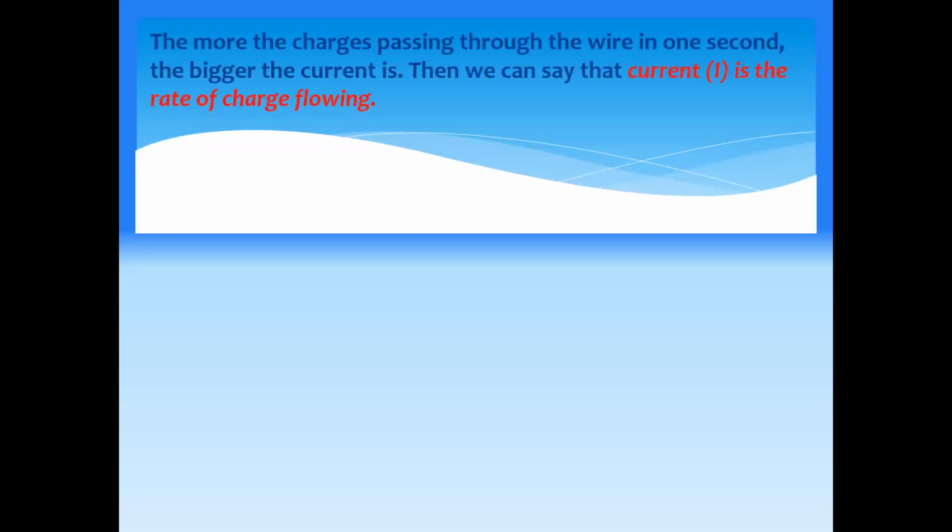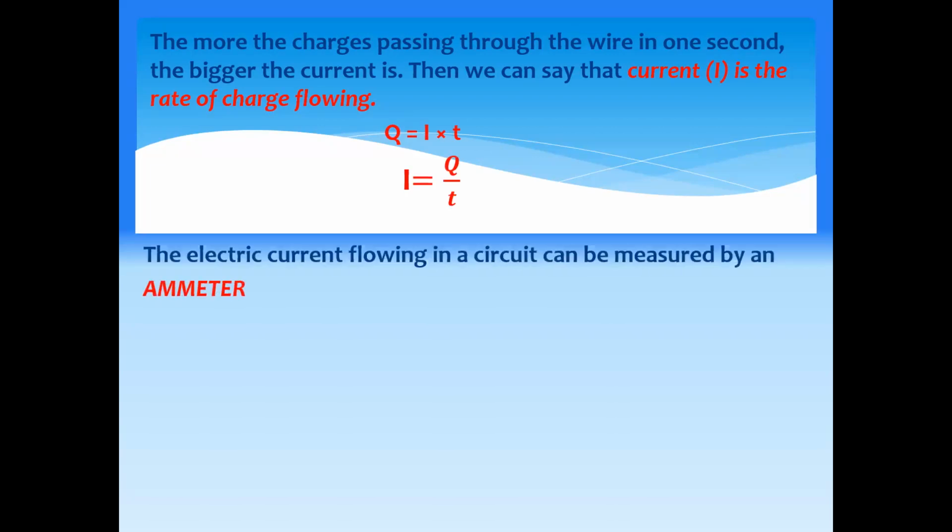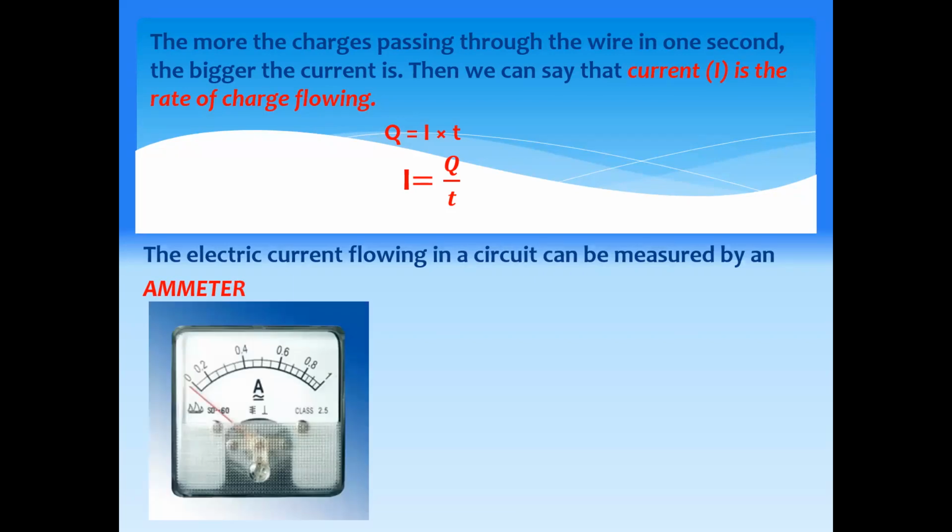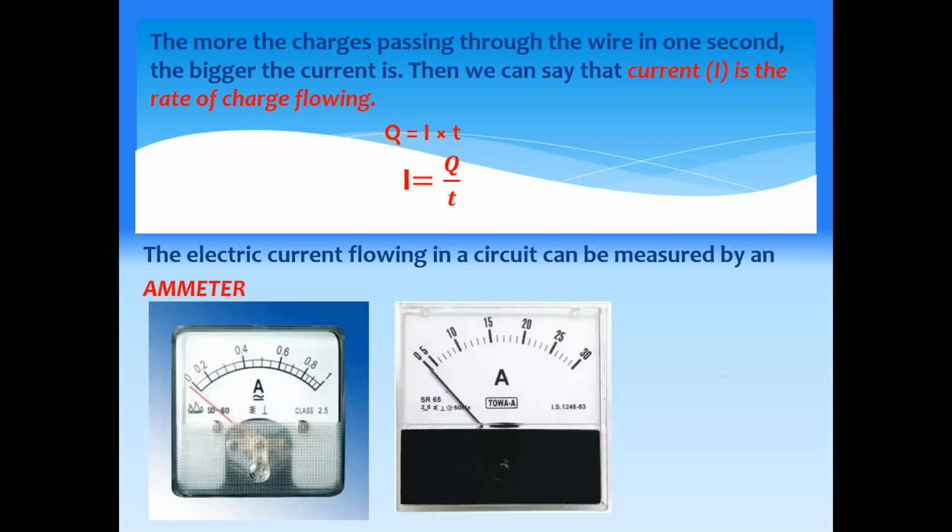If we pass more charge through a wire every second, the higher the current will be. The rate of the flow of charge is known as electric current. To measure the current, there's an instrument known as an ammeter. On the screen you can see what the ammeter looks like. But in a circuit, we don't draw the whole component, we just use a circuit symbol.